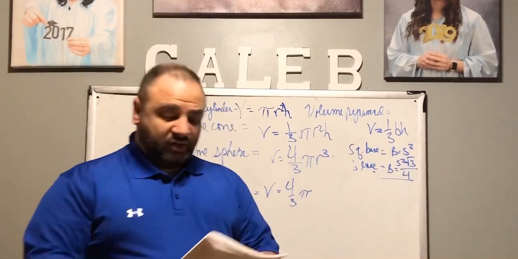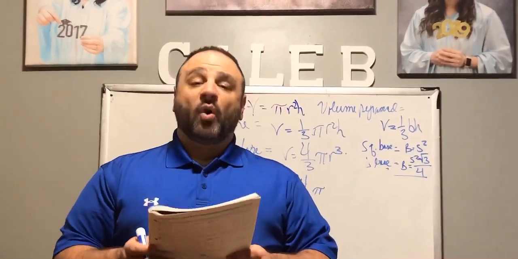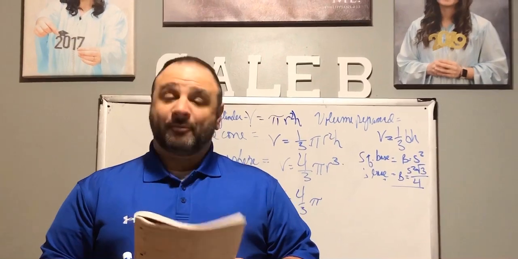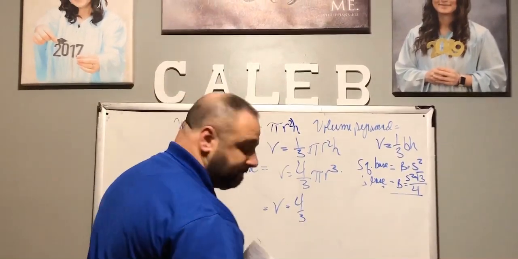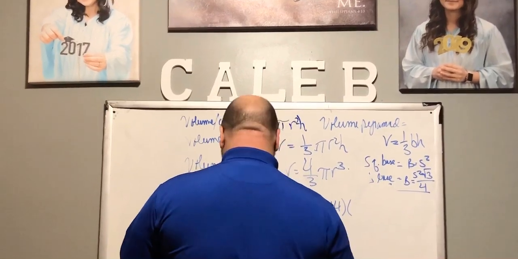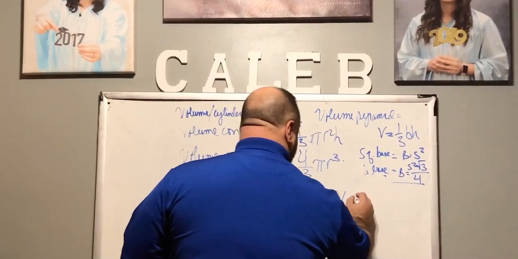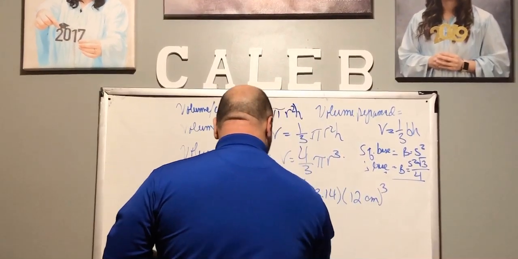In this problem, the directions state use 3.14 for pi, and round off answers to 2 decimal places. So 3.14, and then our radius is going to be 12 centimeters, and we'll cube that.